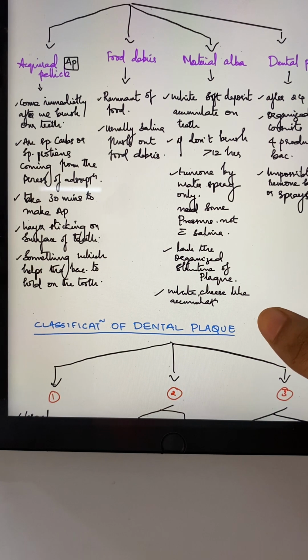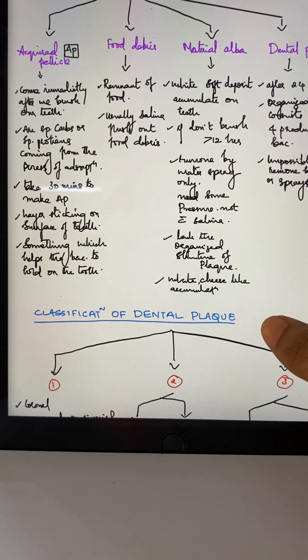It may not be removed by the help of saliva. It is usually removed by water spray only, and needs some pressure to go, not just saliva. Materia alba lacks the organized structure of plaque. It's just a white, cheese-like accumulation. So this is the materia alba.